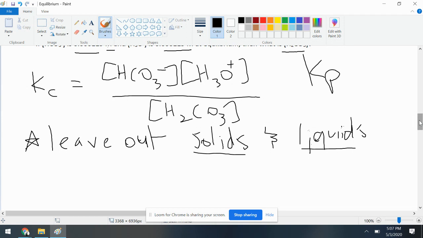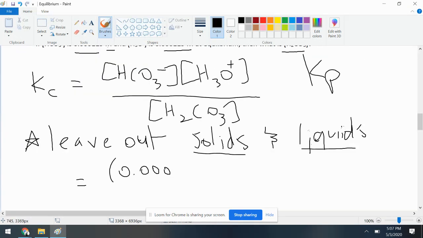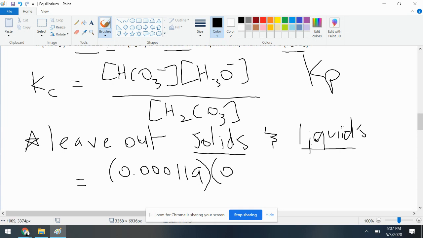Okay, last thing is this. I'm going to go ahead and plug in my values. For each of the products, the concentration is 0.000119, times the concentration 0.000119.